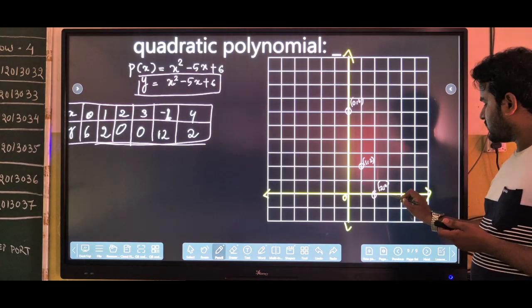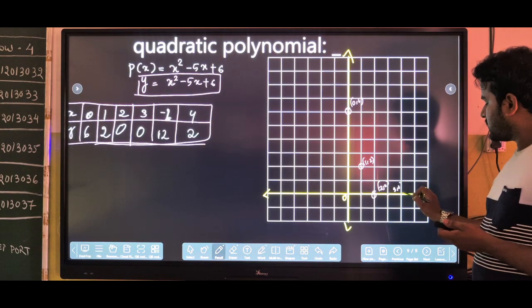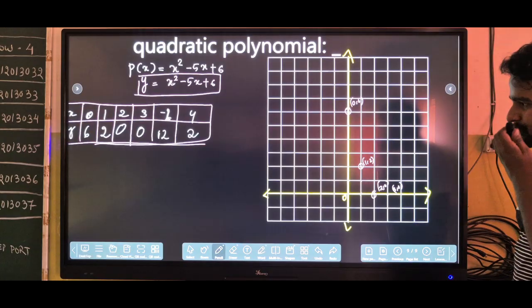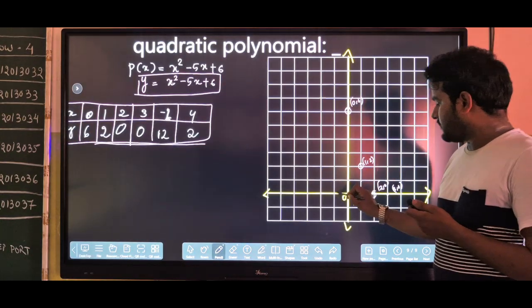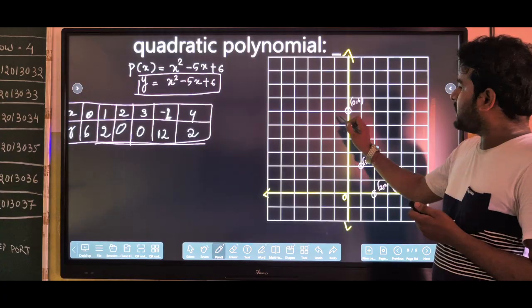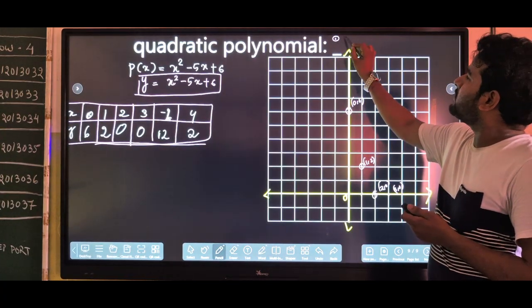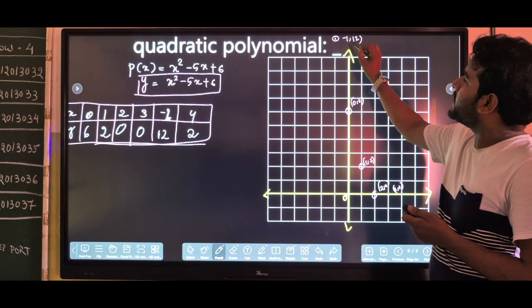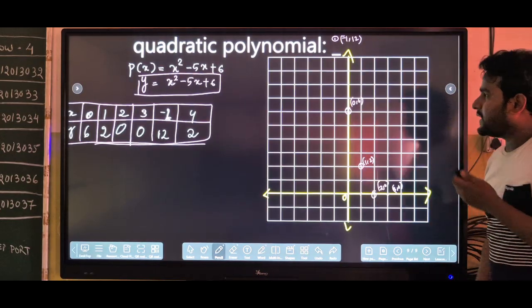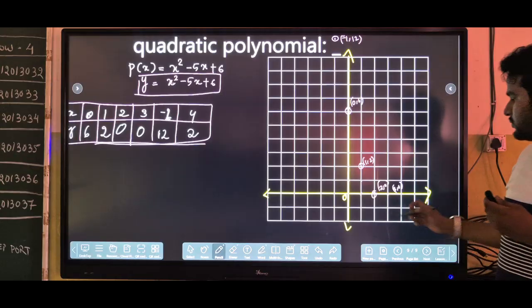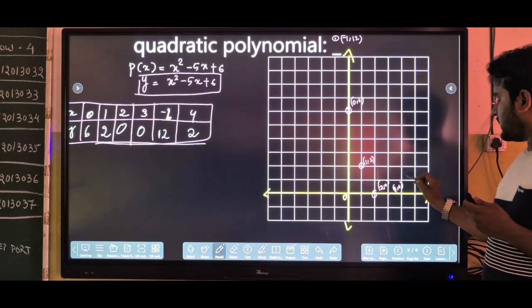Then comes (3, 0). This is your (3, 0). Then (minus 1, 12). Minus 1, then 1, 2, 3, up to 10, 11, 12. Then (4, 2).